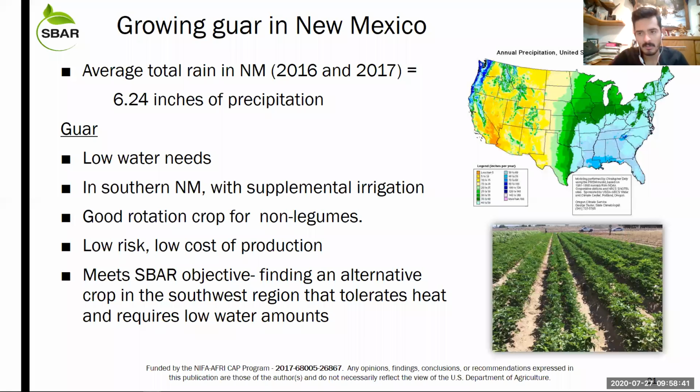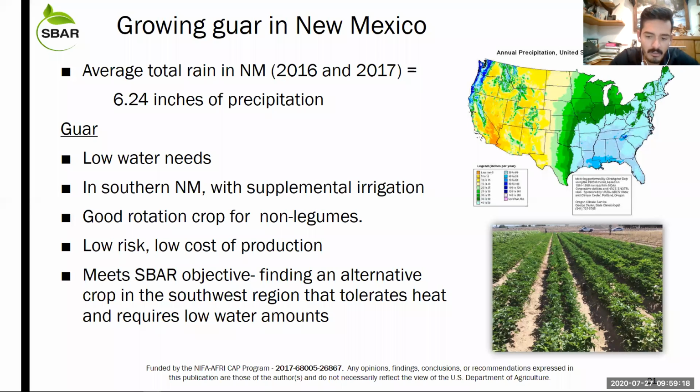So why WAR? As part of the SBAR project, we establish different crops which can tolerate the heat or have low water requirements, because in our region we don't have that much water. And I like this picture on the right because it shows that, for example, the yellow to orange colors are between 5 to 10 inches of annual precipitation from 1961 to 1990, and in 2016 and 17 we have 6.24 inches of water.